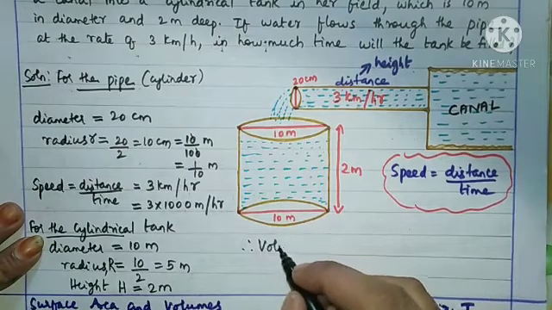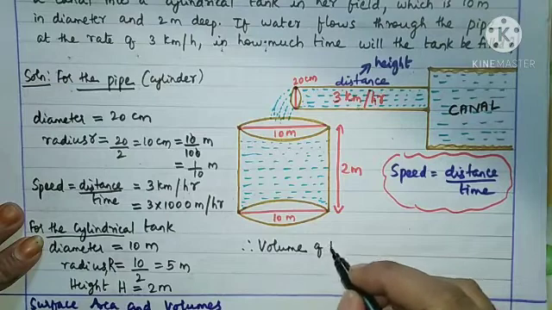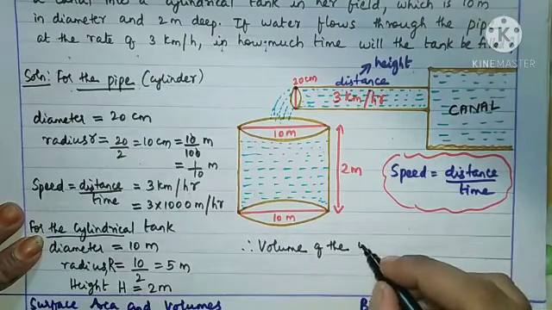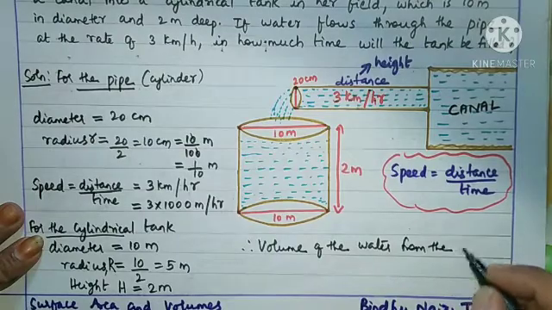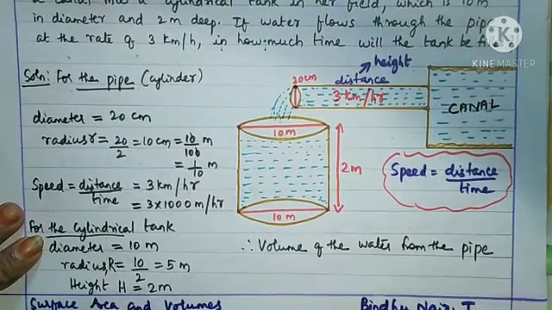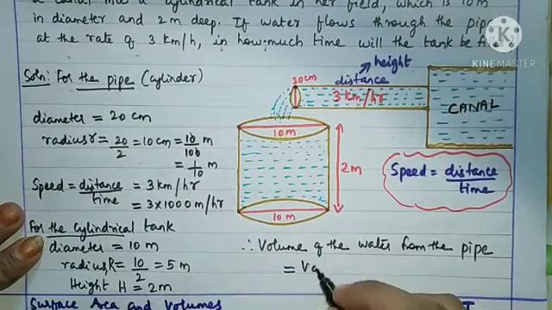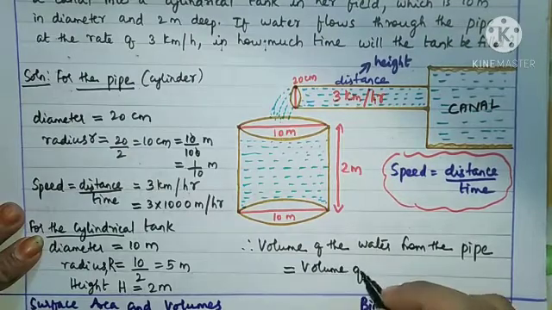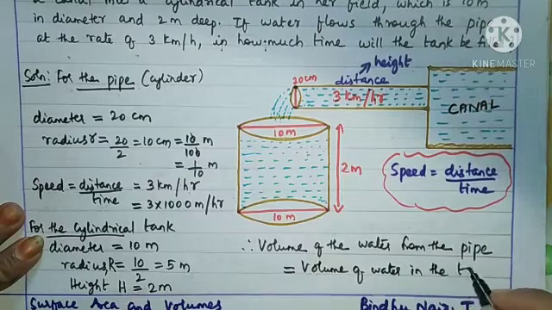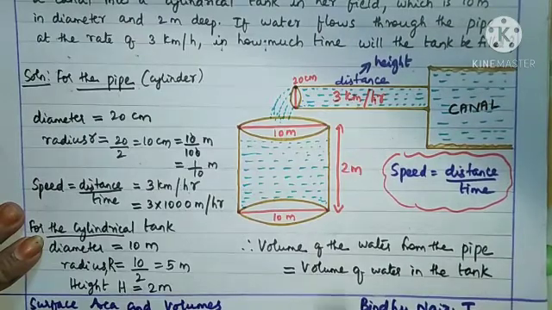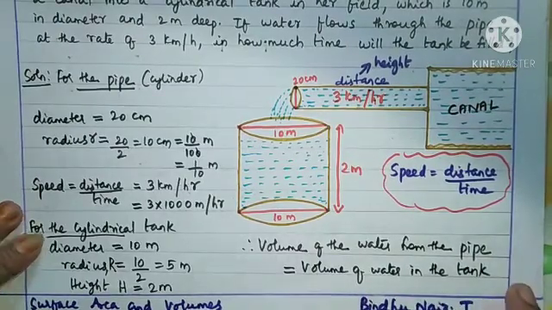Therefore, volume of the water from the pipe is equal to volume of water in the tank. So this is the idea we are using here.